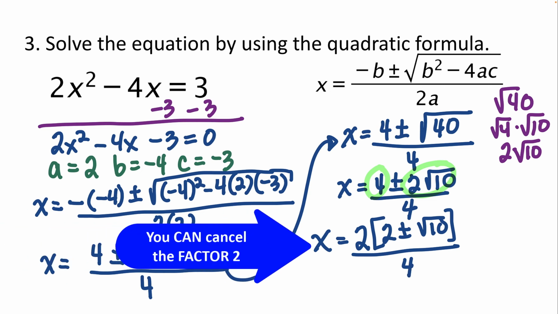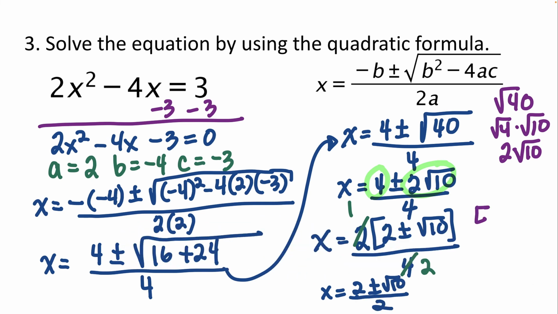Now we can cancel: 2 goes into 2 once and 2 goes into 4 2 times. So our solutions would be x equals 2 plus or minus the square root of 10 all over 2. That means that our exact answers would be 2 plus the square root of 10 over 2 and 2 minus the square root of 10 over 2.